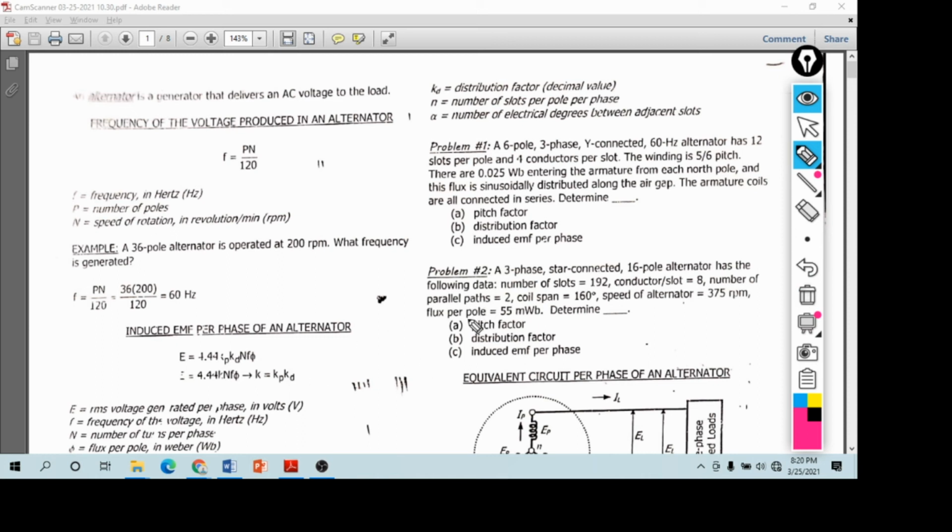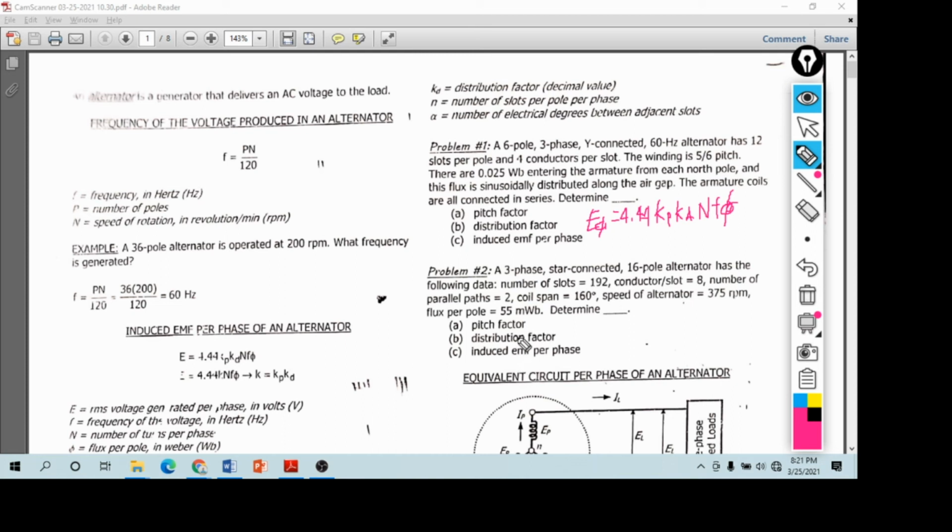Now, what is the induced EMF per phase? So let's remember that E per phase is equal to 4.44 times KP, KD, and f, flux.